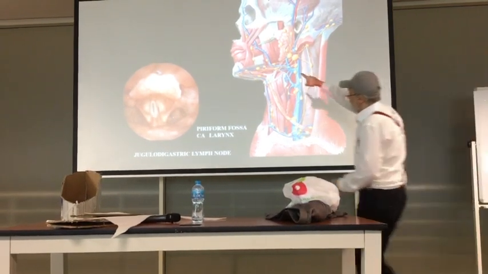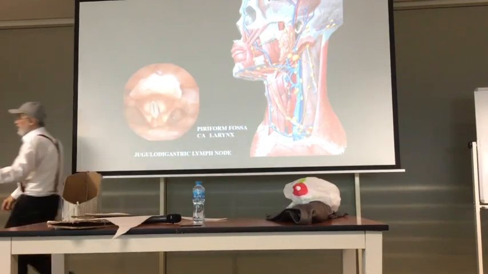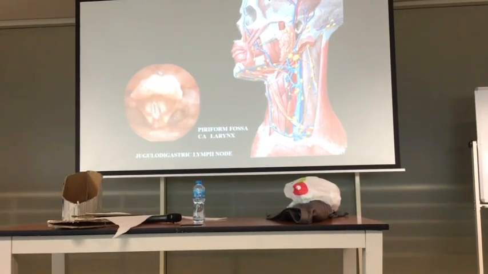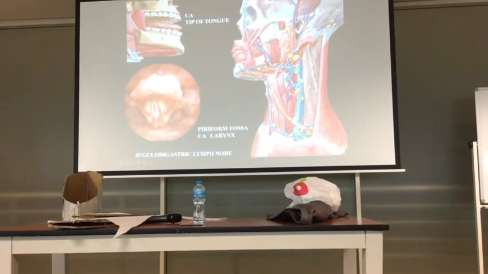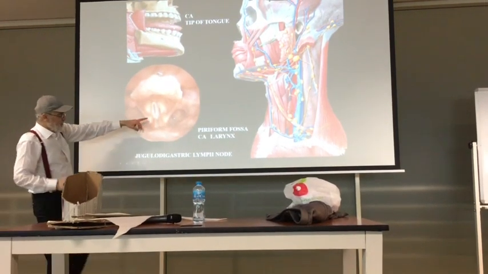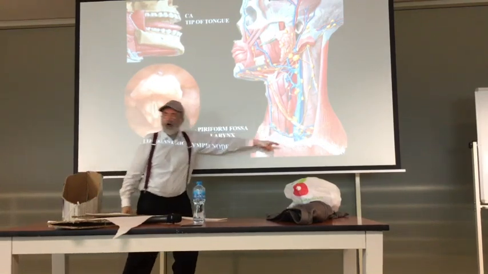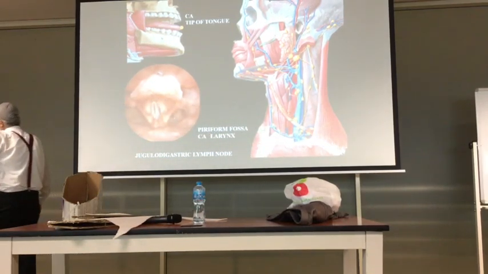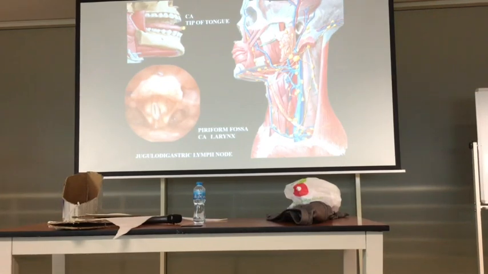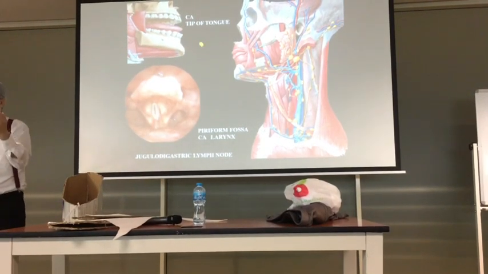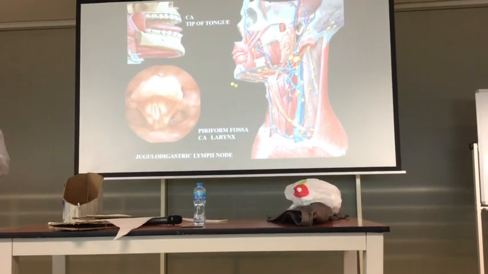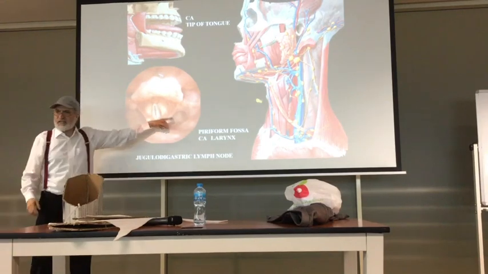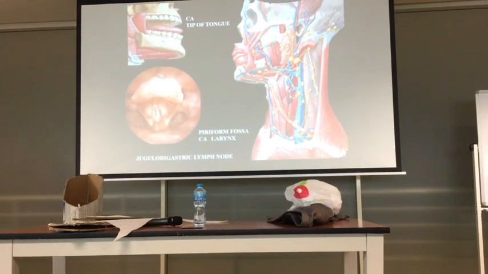Because tip of the tongue and piriform fossa, both of them go to jugulo-omohyoid. So a 70-year-old smoker, no dysphagia, jugulo-omohyoid enlarged, I should go to the tip of the tongue if the piriform fossa is not having cancer.